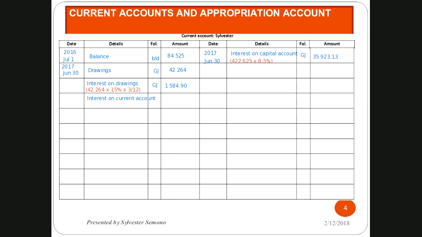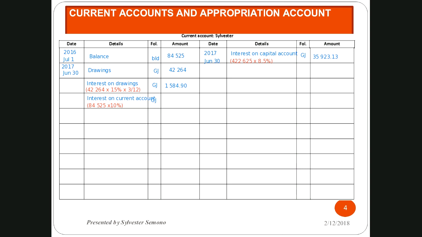And then we must show that this amount must be recorded in the GJ. Then how much is the amount? Just 10%. It's going to be 8452.50. Yeah, that was the interest on current accounts.